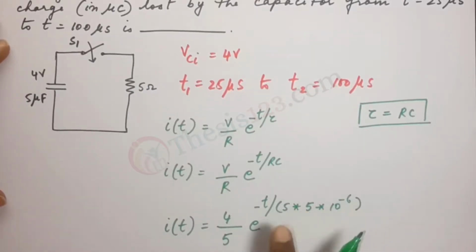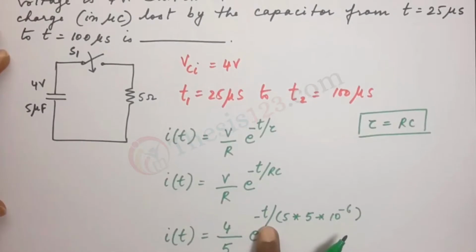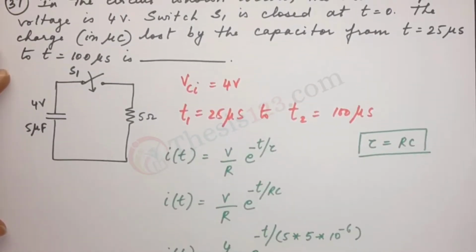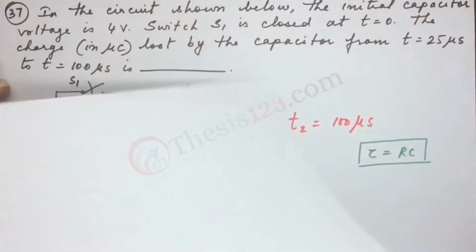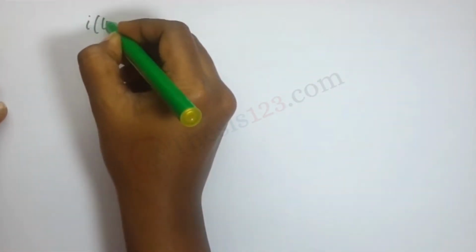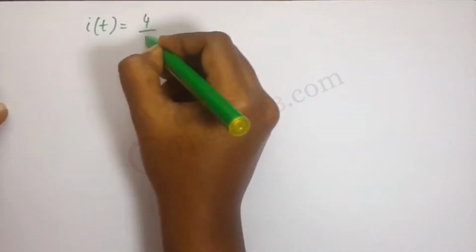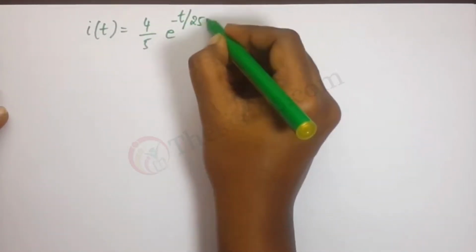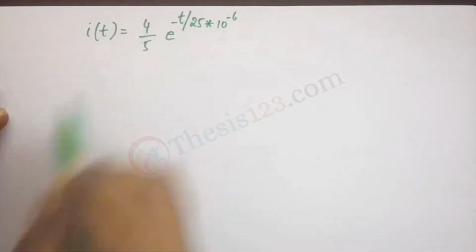That's tau, so we have t divided by 25 into 10 power minus 6. The equation we have is I of t is equal to 4 by 5 e power minus t by tau, where tau is 25 into 10 power minus 6.